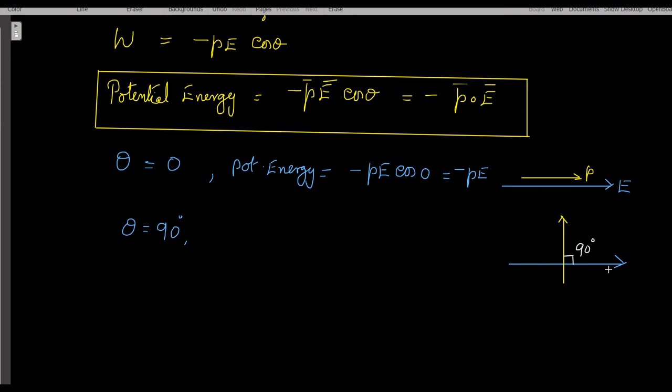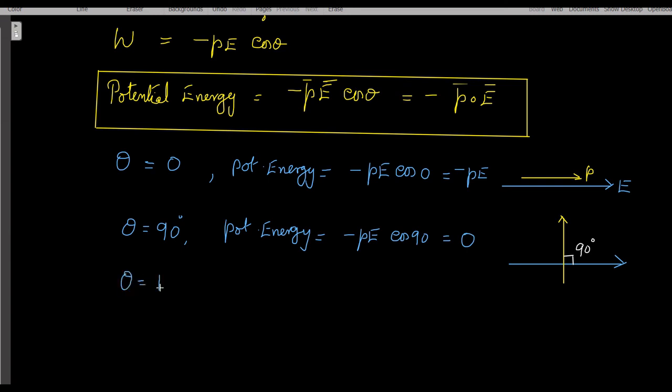When angle is 90 degree, potential energy of the dipole must be equal to minus PE cos 90. Already I told you cos 90 is 0. Hence potential energy stored will be 0.